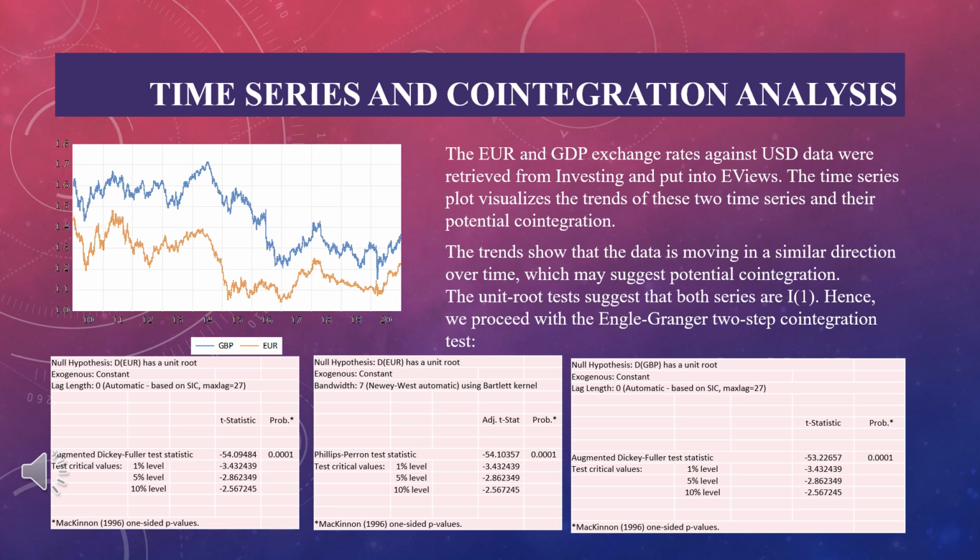Notice on this plot that the time series for both EUR and GBP track each other very well. Hence, a long-run relationship may exist between the two series. The unit root test on the series of EUR and GBP was run to prove they are I(1). The test confirms they are I(1), which leads to testing cointegration.